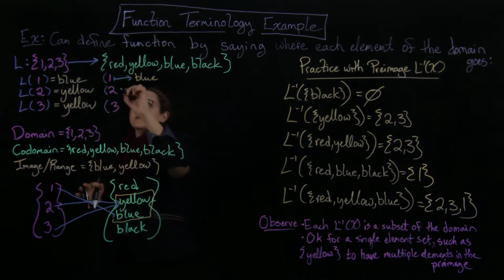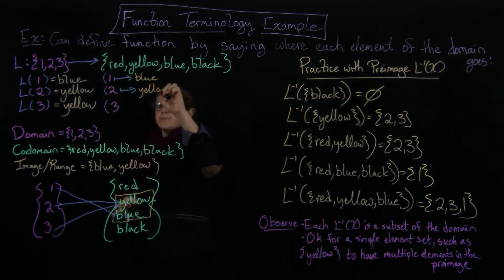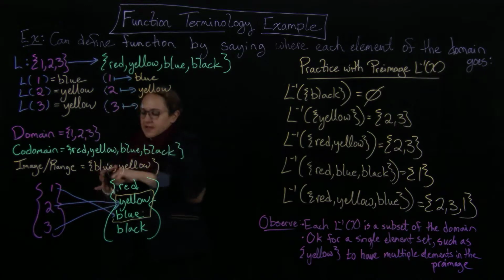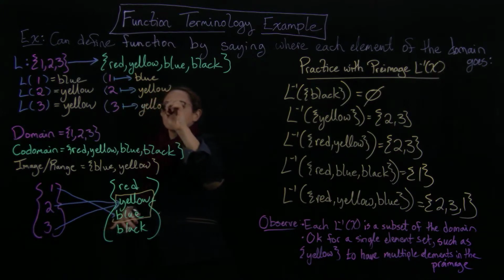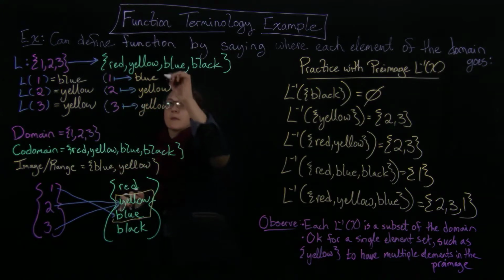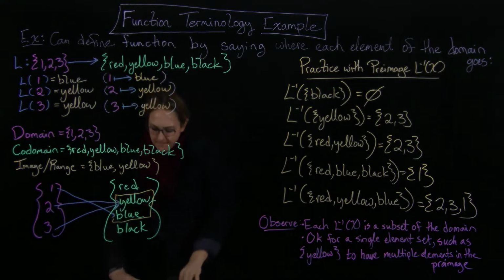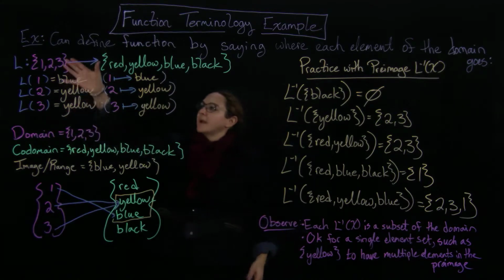We can have that 2 gets mapped to yellow. 3 gets mapped to yellow, so that's just other notation for exactly the same thing.